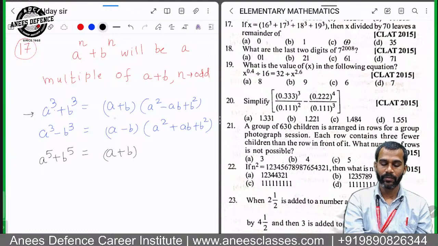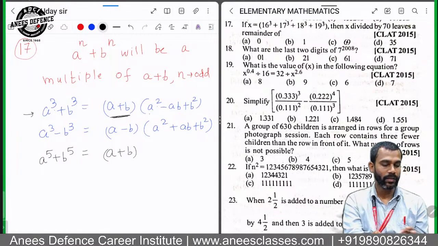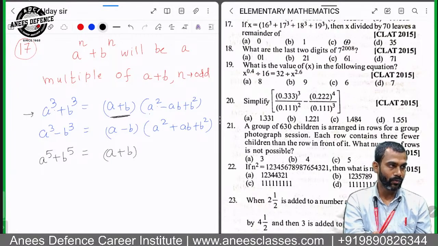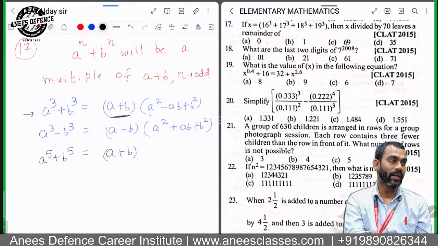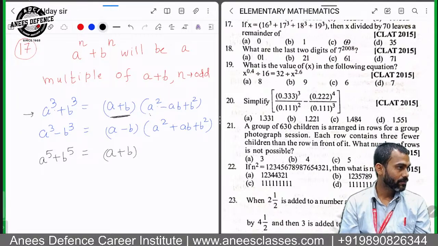So we have removed one power. Yes or no? So now we have to start with 2. Just subtract 1 from 3. You'll get 2. So a square. Now decrease the power of a and increase the power of b and put alternate plus minus.